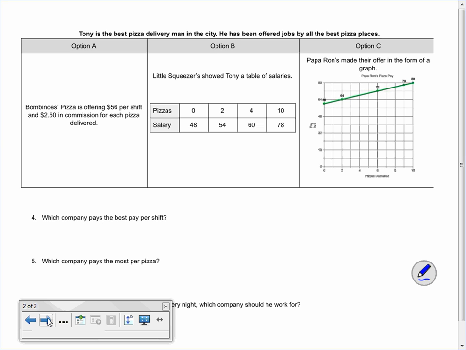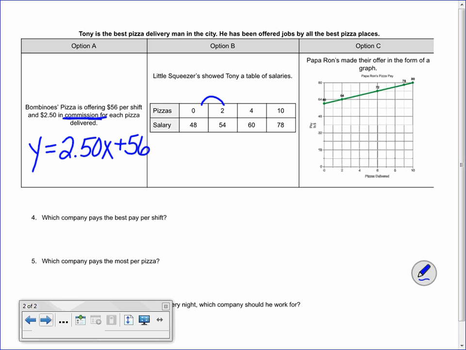So I want to write that rule. Here we're saying my cost would be, he gets $2.50 in commission, we don't know that commission, plus $56 per shift. The next one, we have to do a little bit more work.